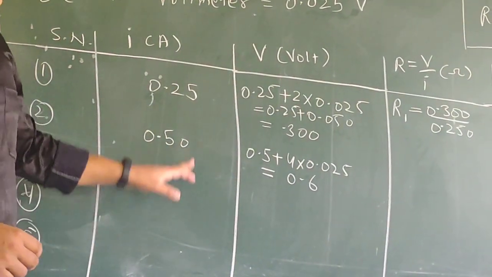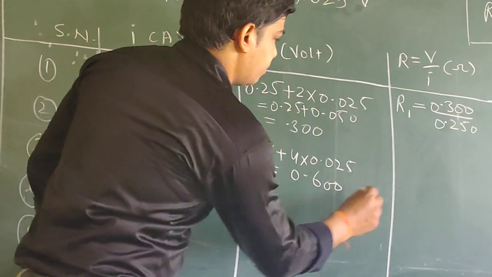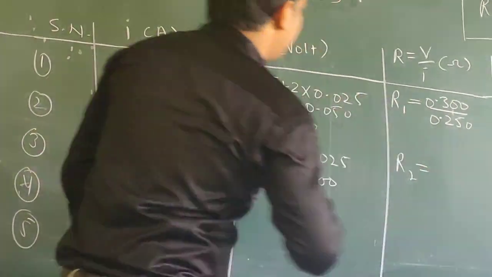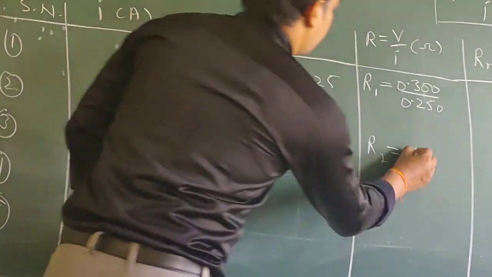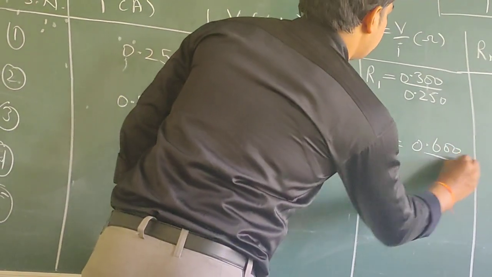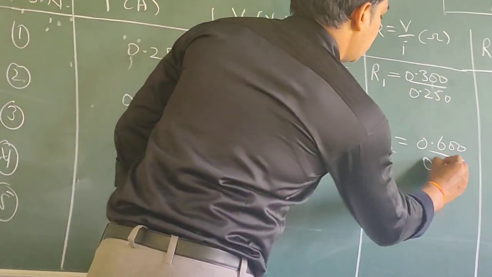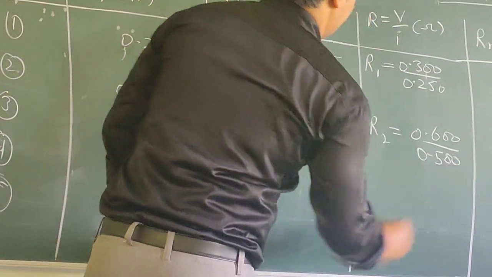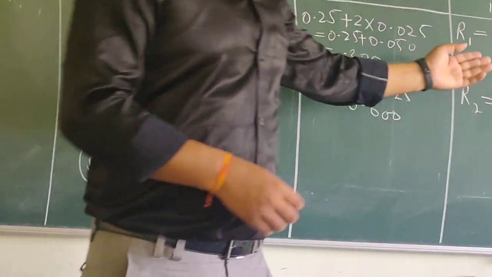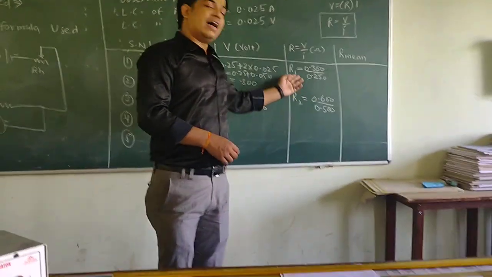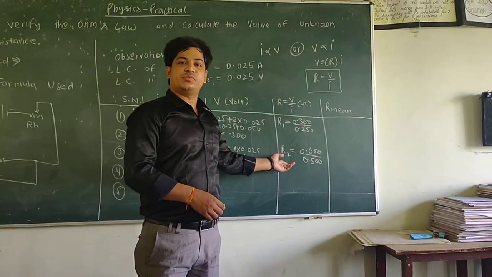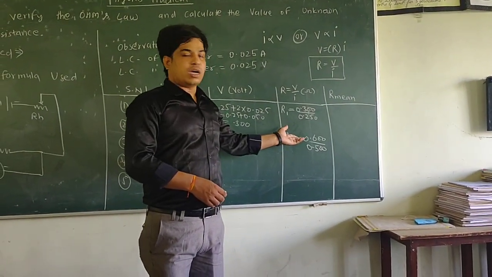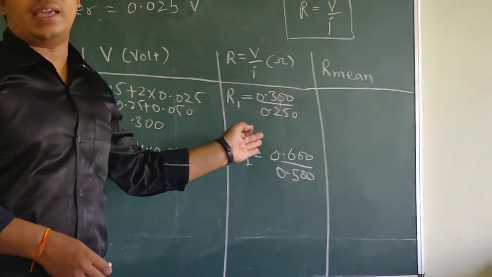Okay, so the value of R2 can be written as 0.600 upon 0.5. Okay, you can calculate this. The values of R1 and R2 are nearly equal, so that gives you a constant slope of the VI graph.